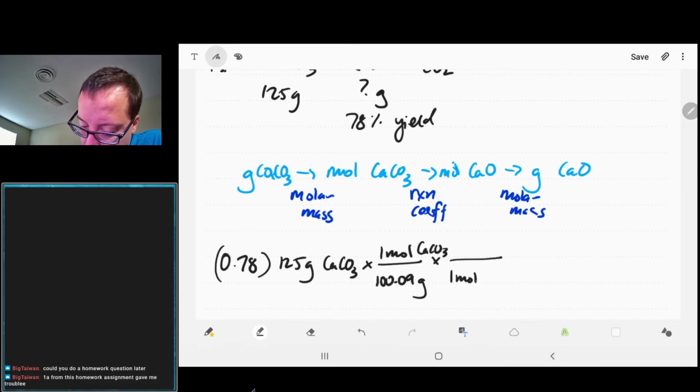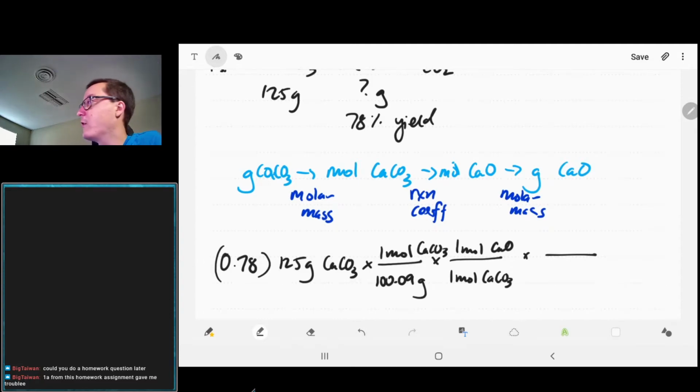The reaction coefficients we have are all 1. And then we have our calcium oxide, which will have 56.08.